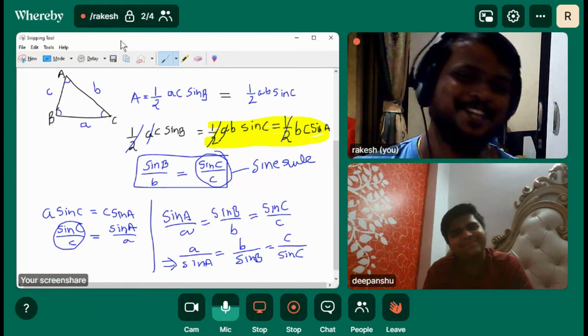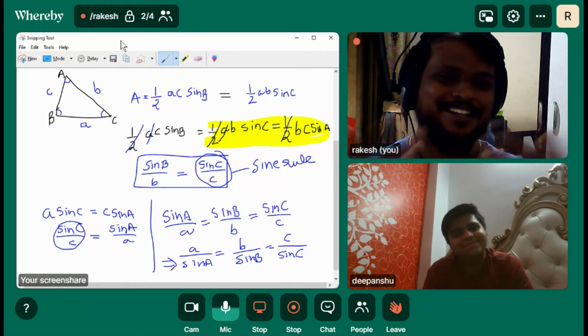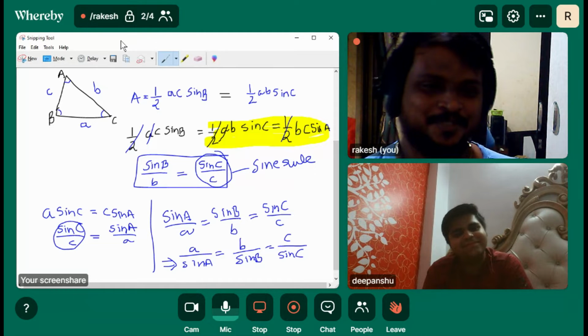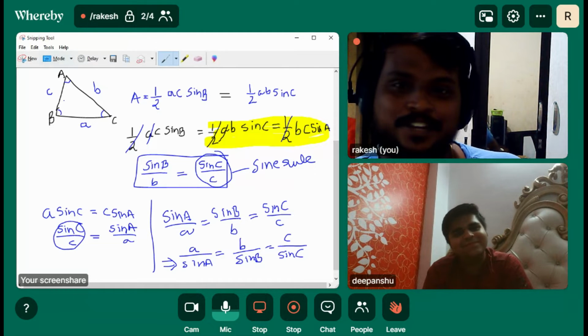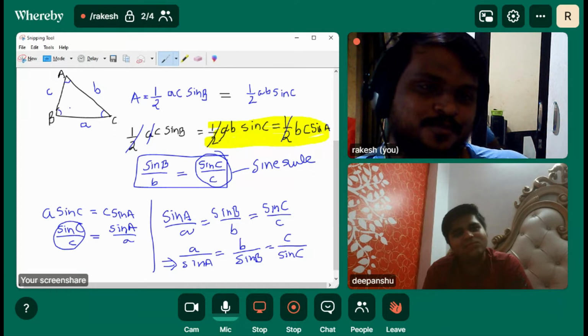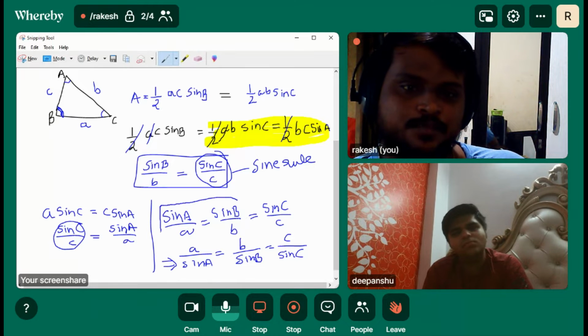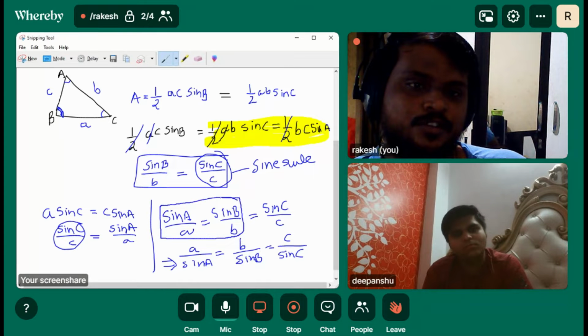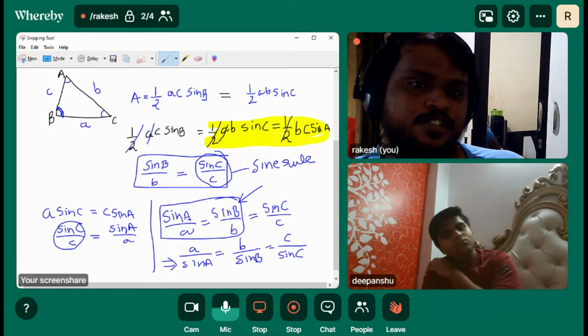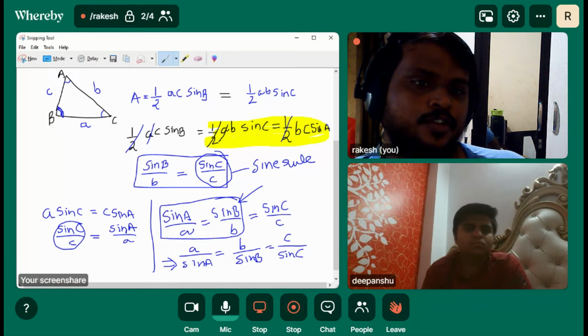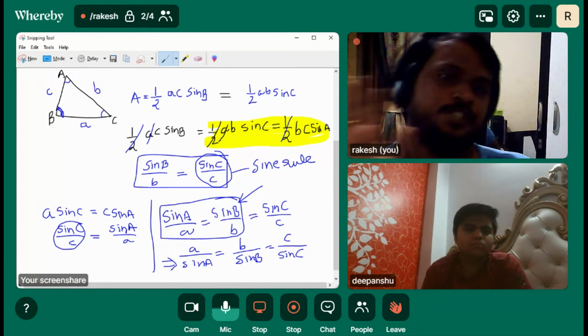We just found the sine rule and we don't know the advantage of that. The advantage is a lot more interesting than the proof. Suppose you are given only three pieces of information. If you just consider these ratios, with only three pieces of information, you can find all the other information of this triangle.